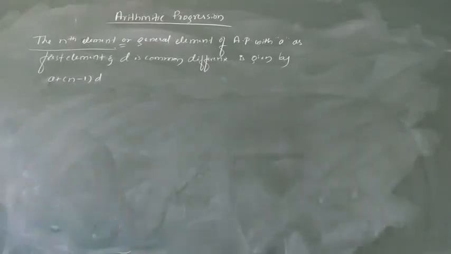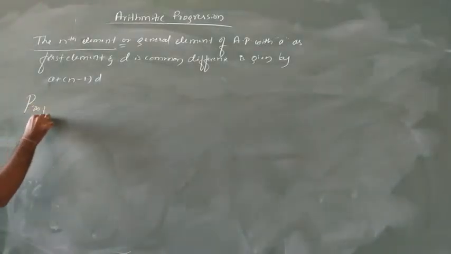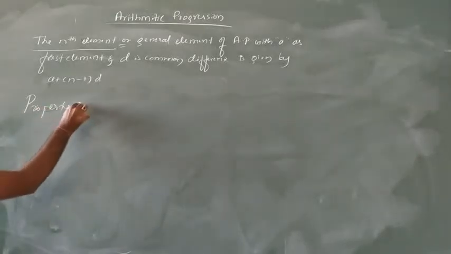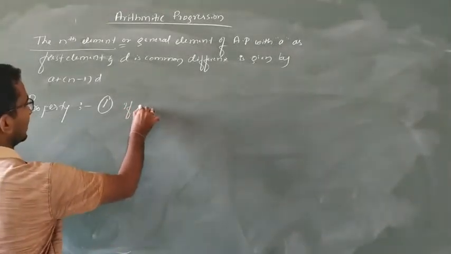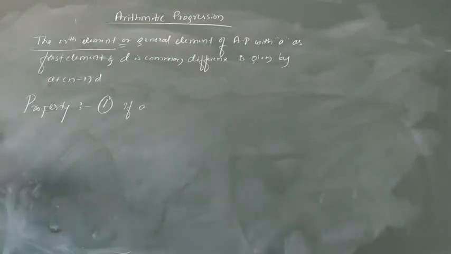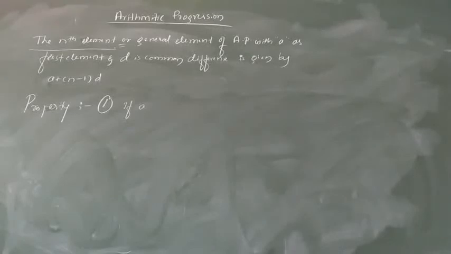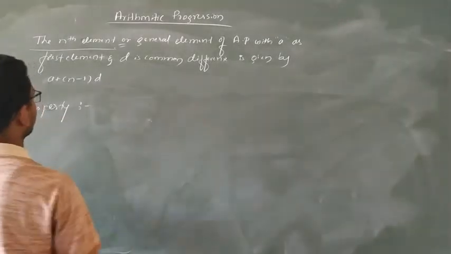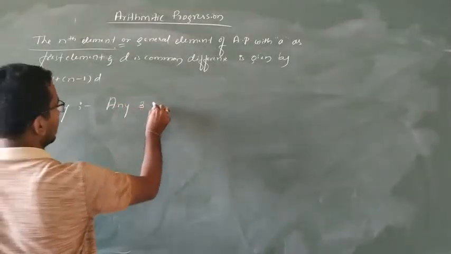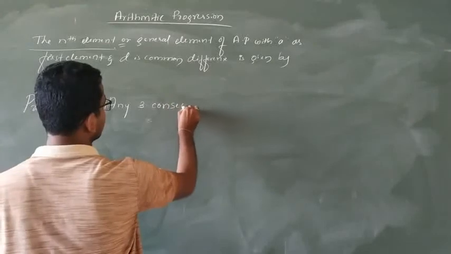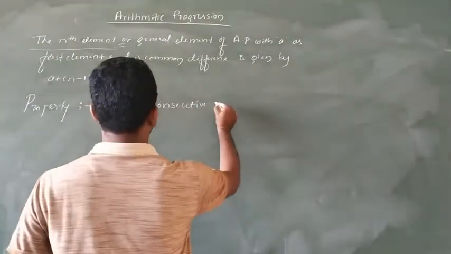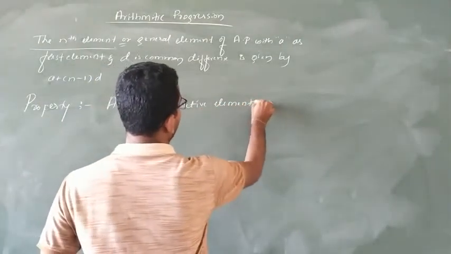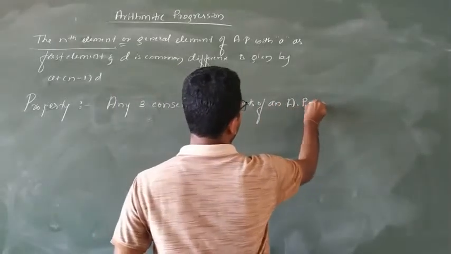One property of arithmetic progression: any three consecutive elements of an AP form an AP.